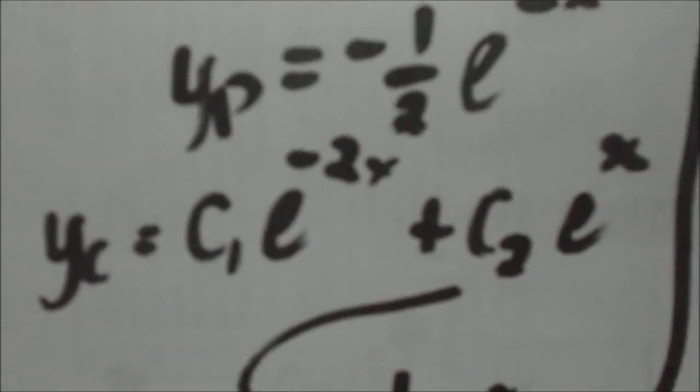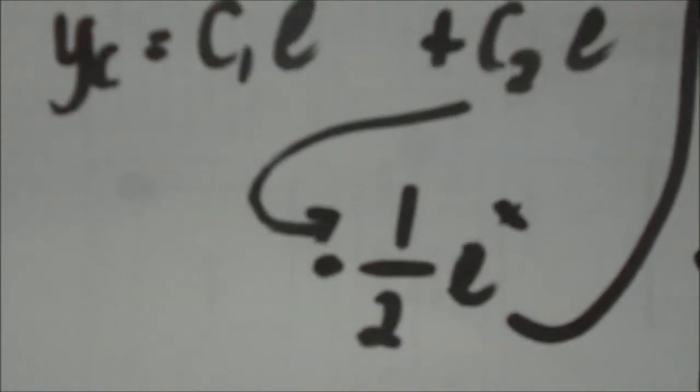We can use this c2 e to the x to find another particular solution. So substituting a is equal to negative 1/2, we have negative 1/2 e to the x, which is another particular solution. So combining that, first yp is equal to negative 1/2 e to the negative x and negative 1/2 e to the x.